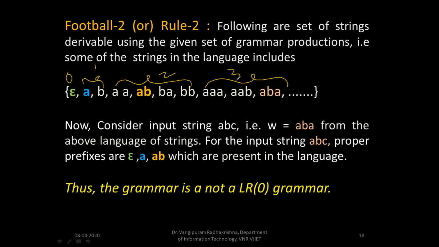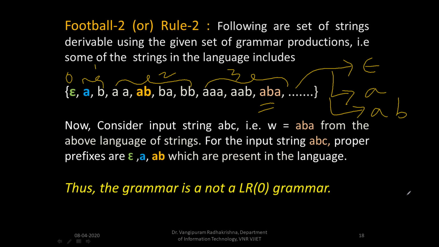Now assume that you randomly choose some input string which is of the form ABA. So for this input string, one of the proper prefixes is epsilon, another proper prefix is A. You can have one more proper prefix as AB, and in case you take another prefix, it would be ABA itself.